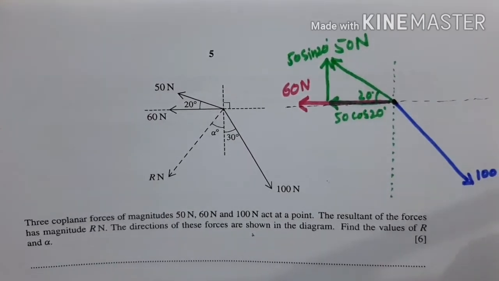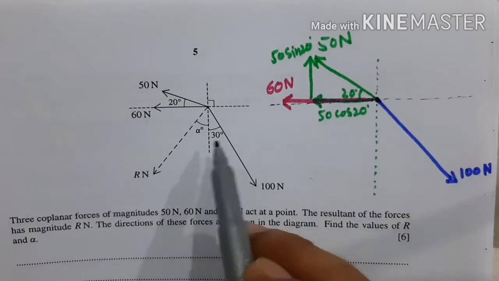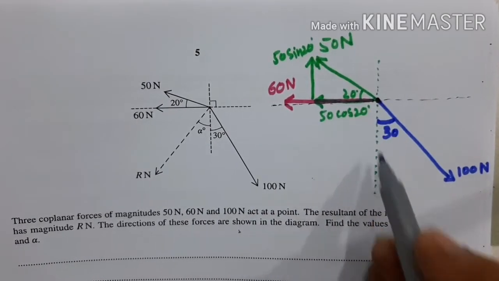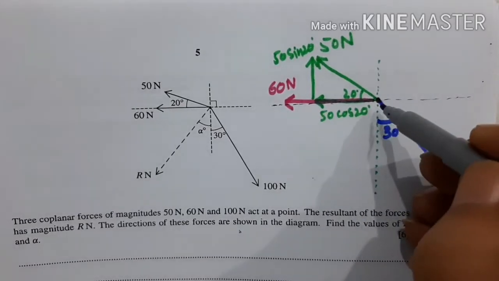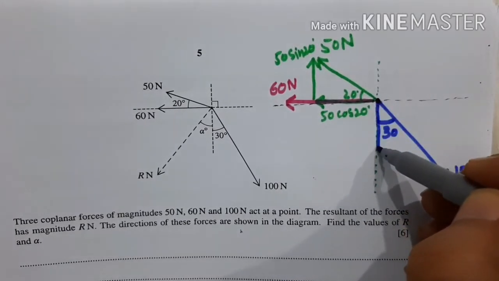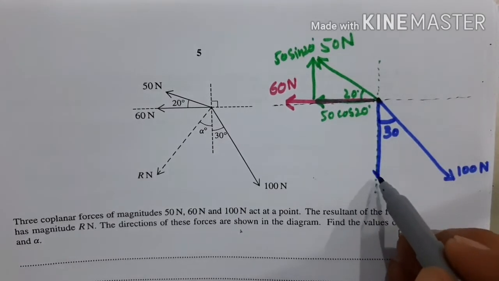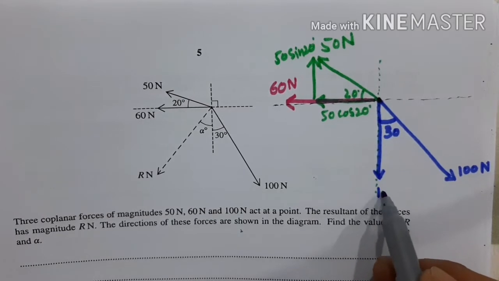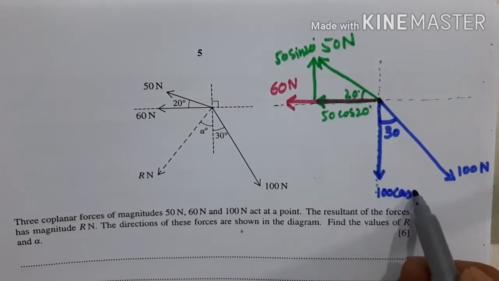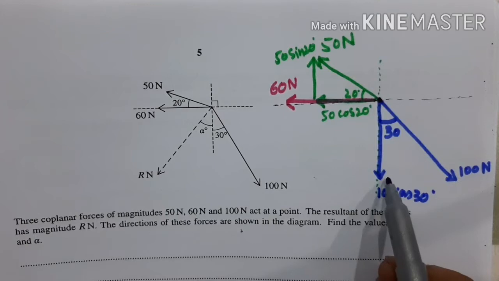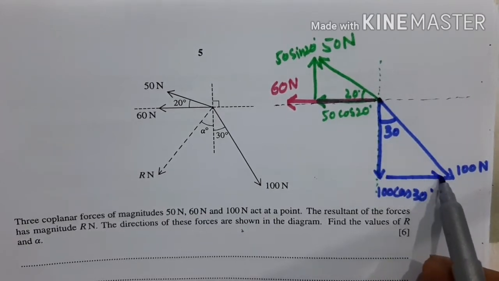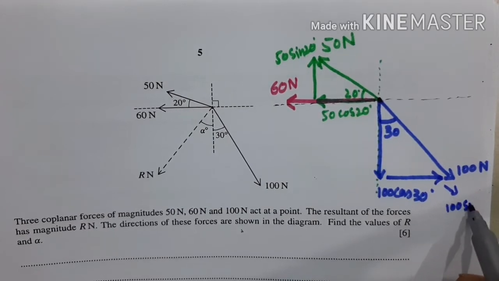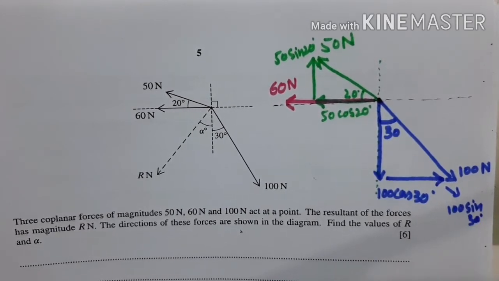If we see, the angle of 30 degrees is with the y-axis, so that's why I'll resolve it like this. This is the horizontal component of 100 Newton, which is 100 cos 30 degrees, and this is the vertical component, which is 100 sine 30 degrees.